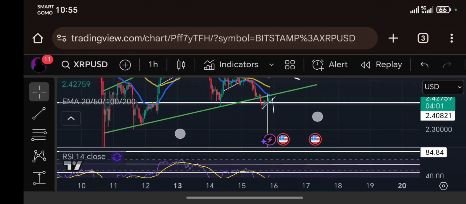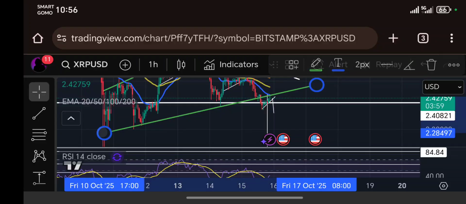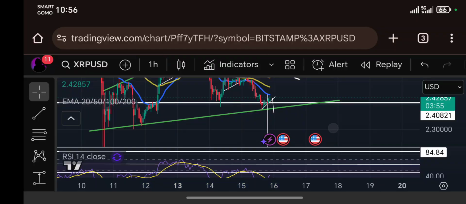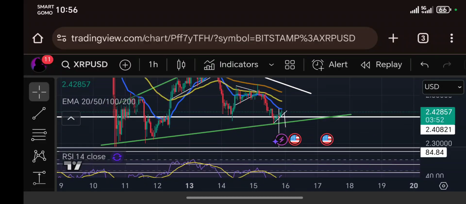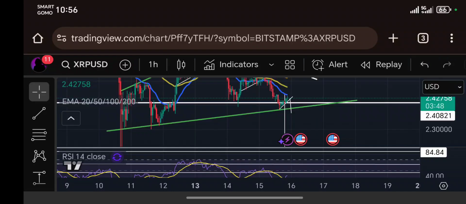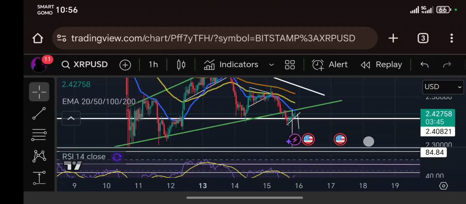I don't want to adjust this, but maybe we can draw it like that, but let's go on to the bearish case first.